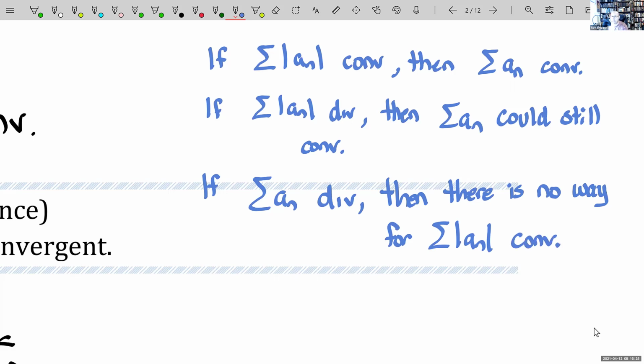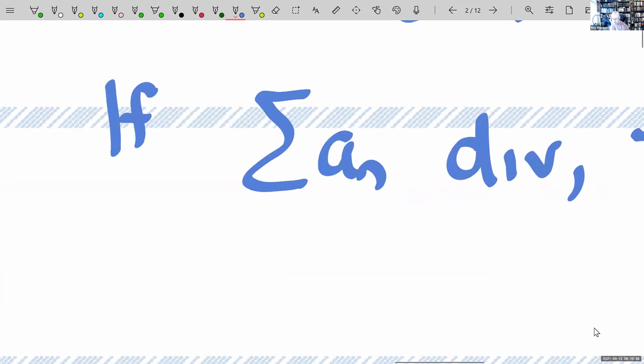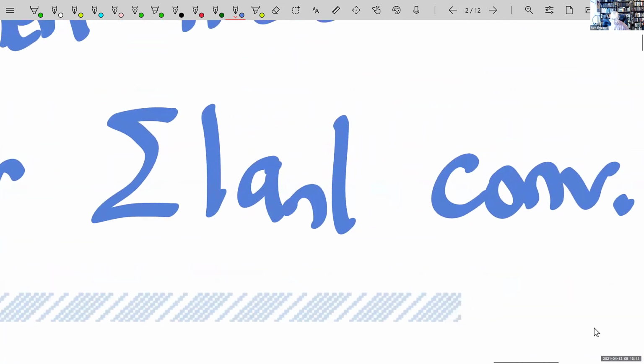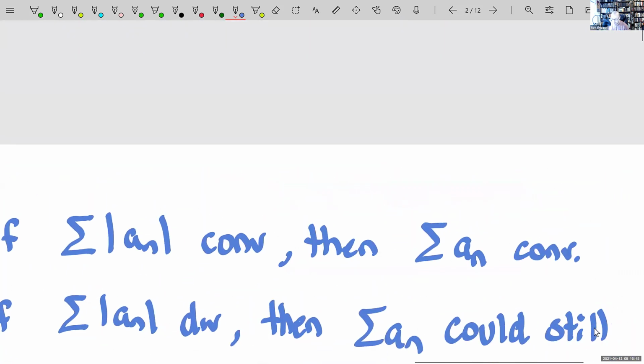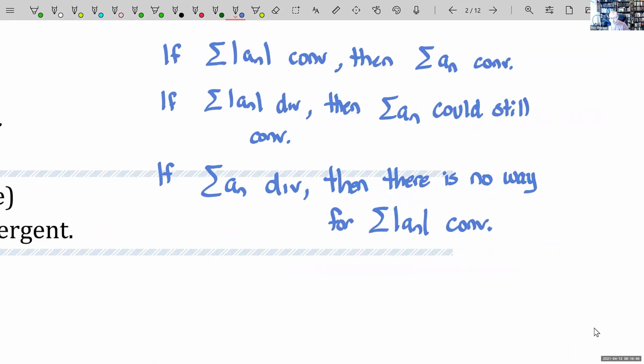It's just not going to happen. So if the original series diverges, then the absolute value of the series will diverge. Because let's just pretend for a moment that you said, oh, this original series diverges, but the absolute value converges. Well, remember, if the absolute value converges, then the original series has to converge as well. So there's no way for the original series to diverge, but the absolute value to converge.